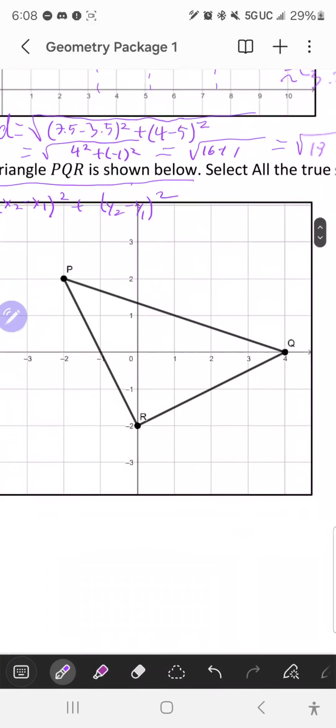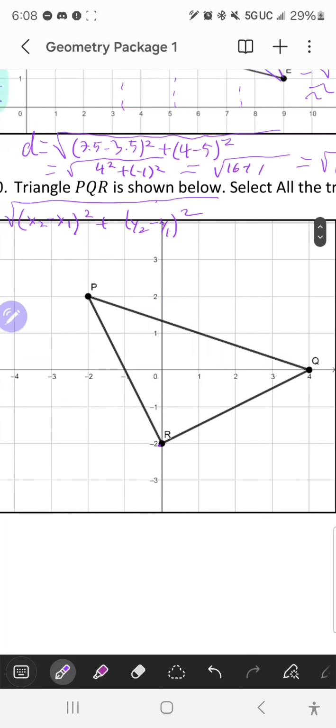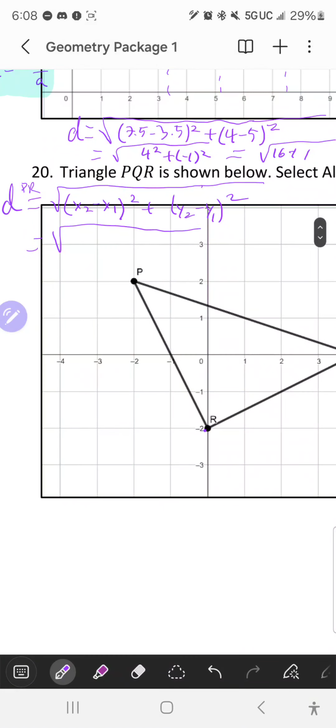PR. x2 is going to be 0 minus x1, which is minus 2, squared, plus y2 is negative 2, y1 is 2, so negative 2 minus 2, squared.